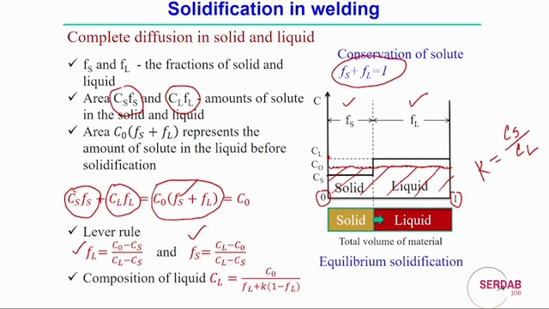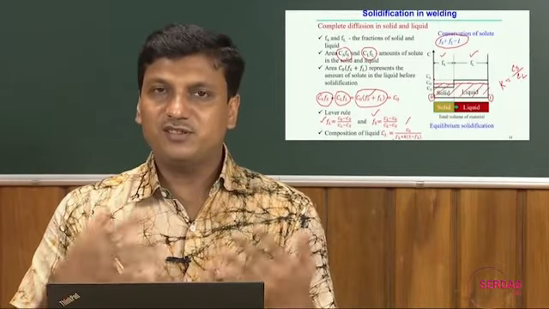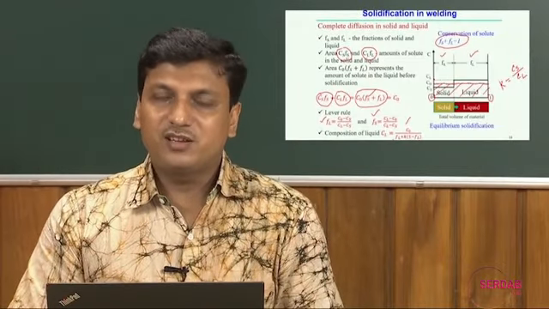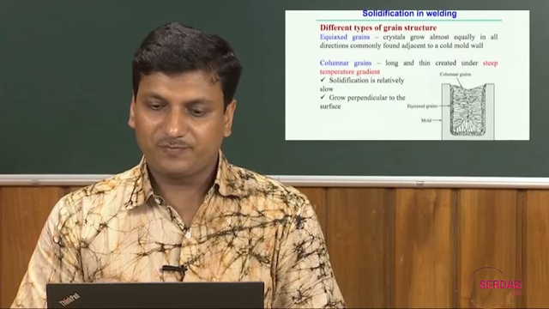So we can write Cl equal to C0 times the fraction of the liquid and K. In this way we can represent the changes in the fraction of the solid and liquid during the transformation from liquid to solid phase in the case of the binary alloy system.